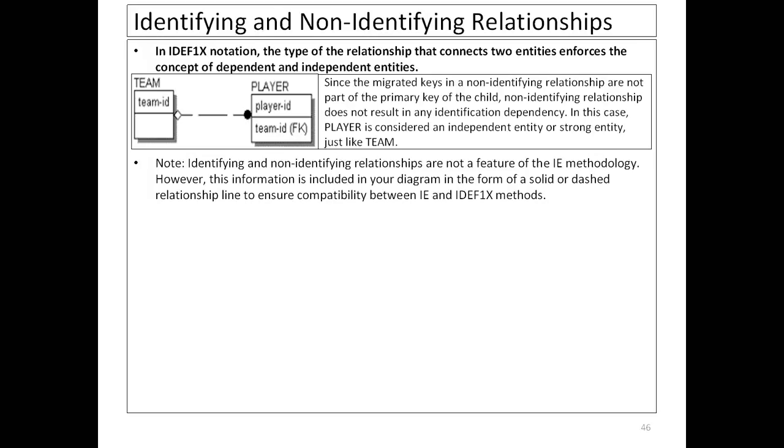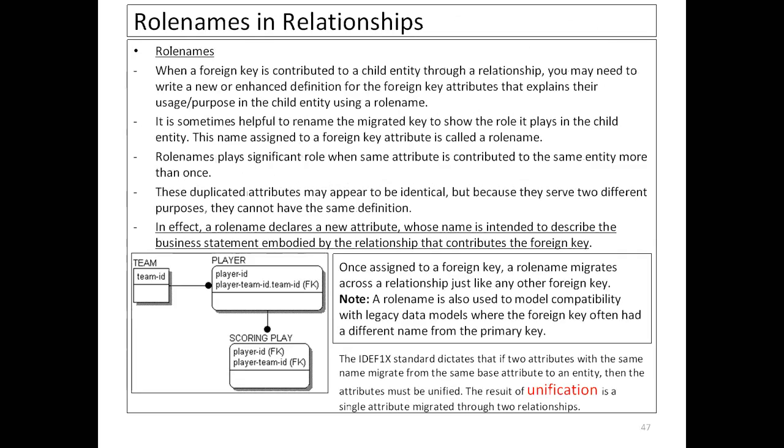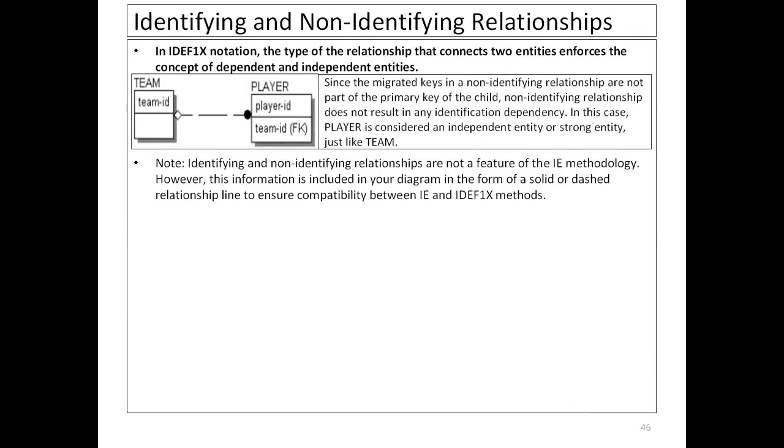Identifying and non-identifying relationship is continued over here. In IDEF1X, the type of relationship that connects two entities enforces the concept of dependent and independent entities. So, a dependent or an independent entity over here in IDEF1X is also mapped to identifying and non-identifying relationship in IE.